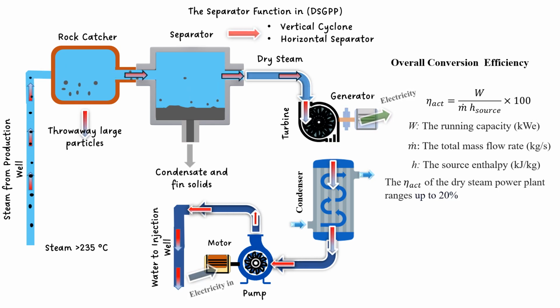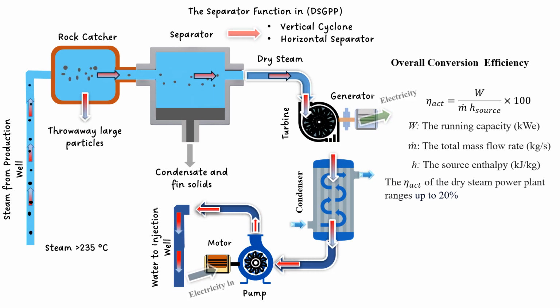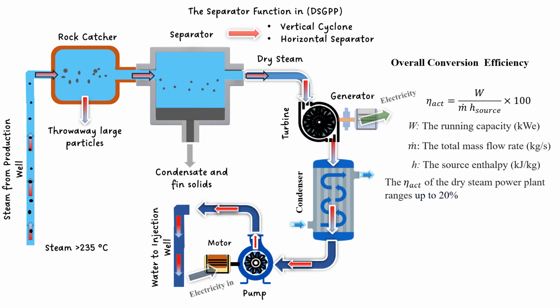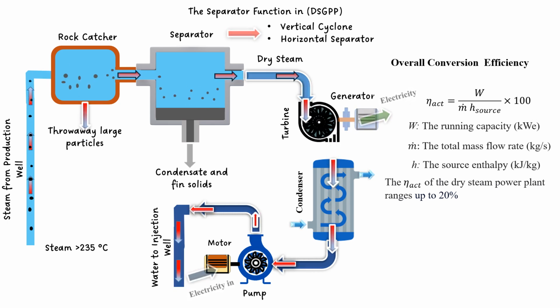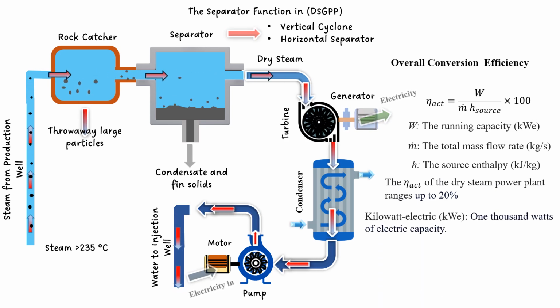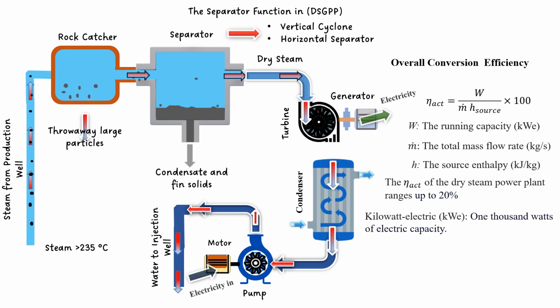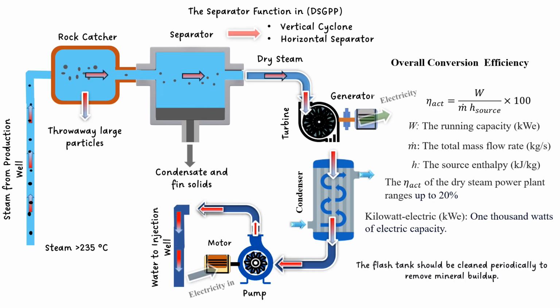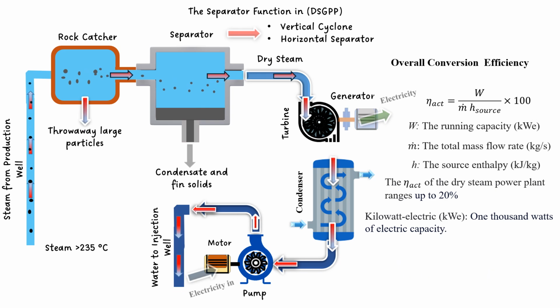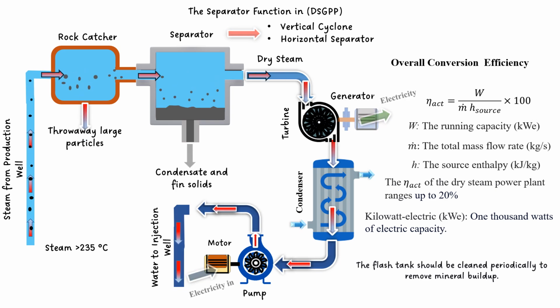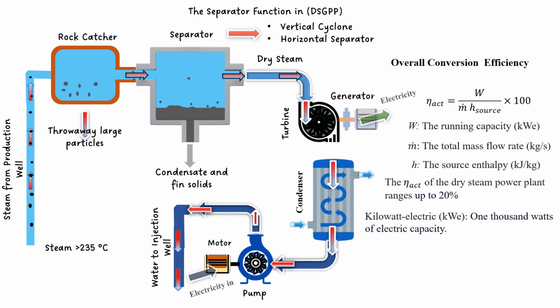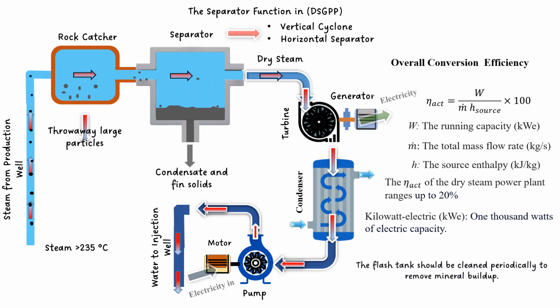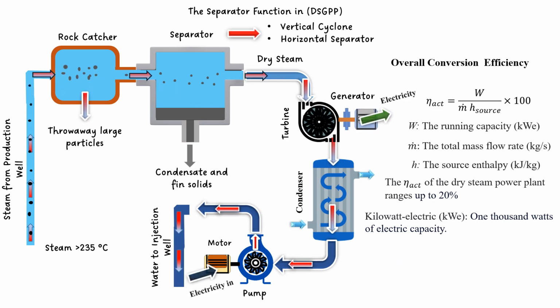Then we may estimate the efficiency of the power plant, and for this type, it could reach a value of 20%. And if we think about the separator, then this separator should be cleaned periodically to prevent any mineral buildup in the system.